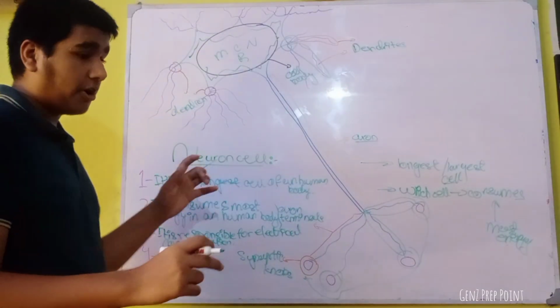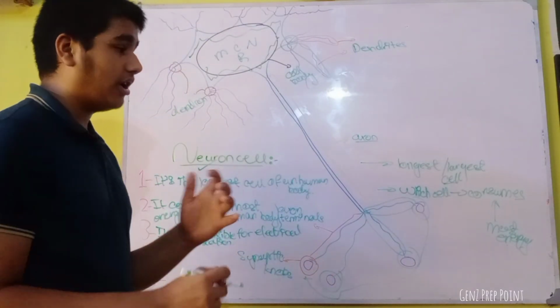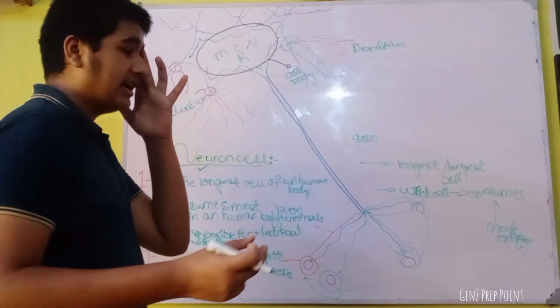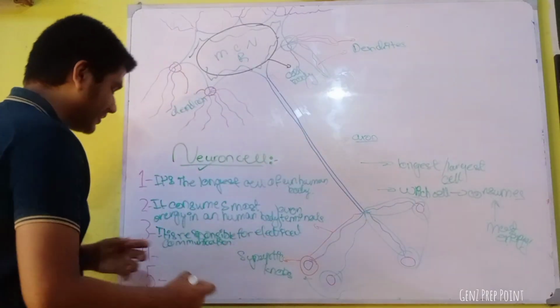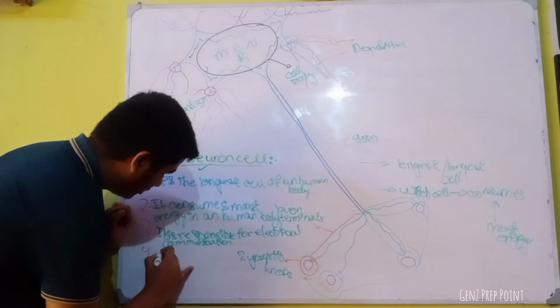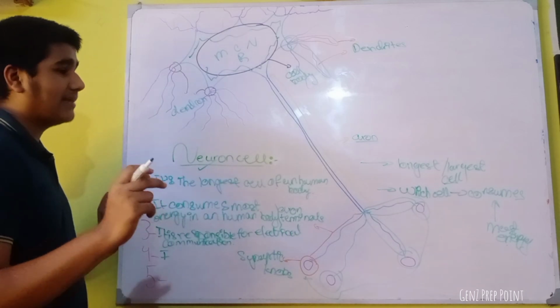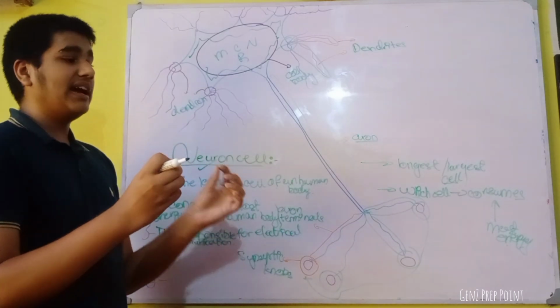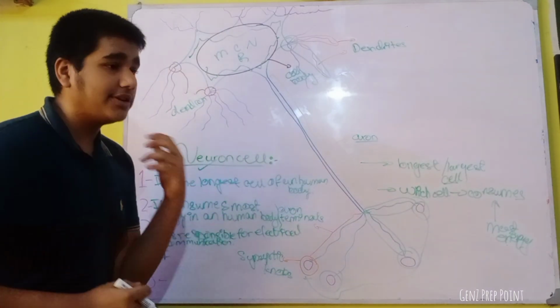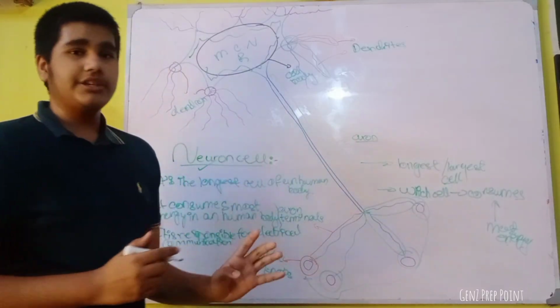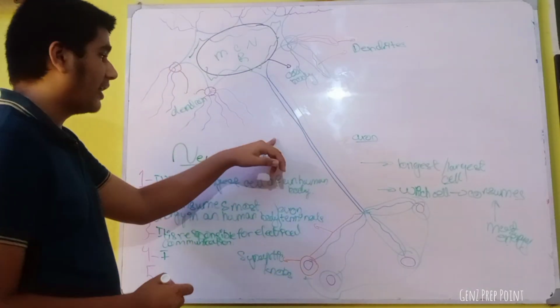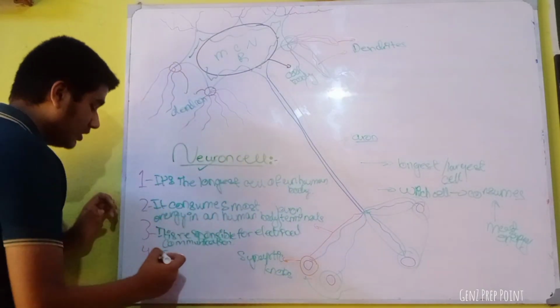The whole process is another video because that's a really big process. We will be doing it in the further chapters, not in this chapter. I just have to clear your concepts. The brain sends in stimuli. The stimuli is converted into an electrical impulse by the neuron cell. Just memorize this for the specialized cell topic.